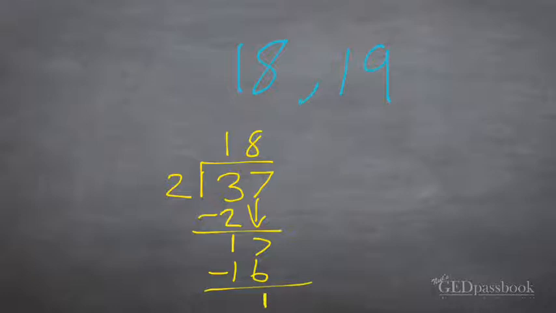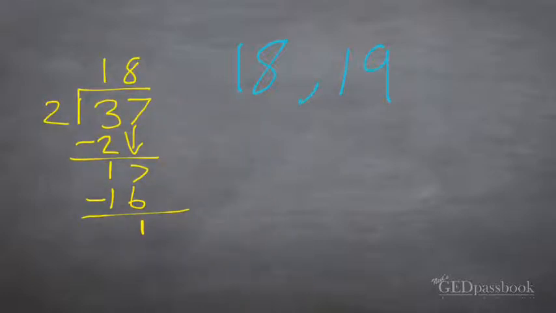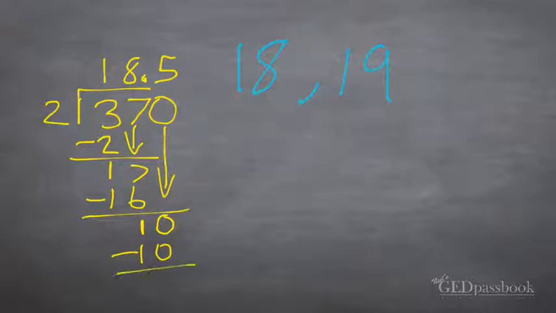Do you remember what we do when we have a remainder of something? Add a 0 down and make it a decimal after the 8. So we create our decimal, bring down the 0. How many times does 2 fit into 10? Creating 10. Oh, look at that 0. That's my answer.